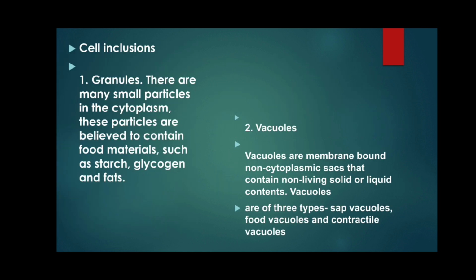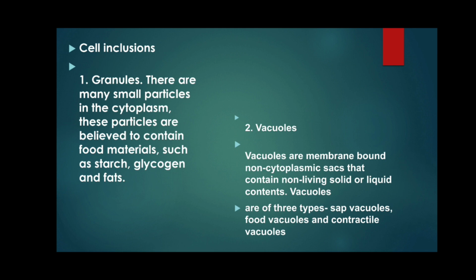And the next one is the cell inclusion. Cell inclusions are the non-living components of the cell, which include a number of food materials such as starch, glycogen, fats, amino acids, etc. Cell inclusions can be classified into two, that is granules and vacuoles.